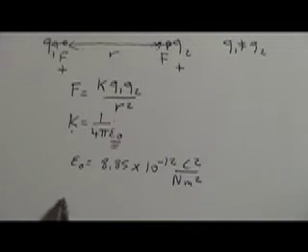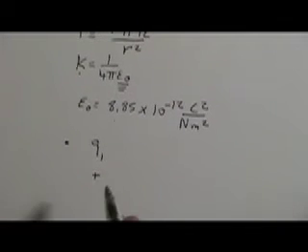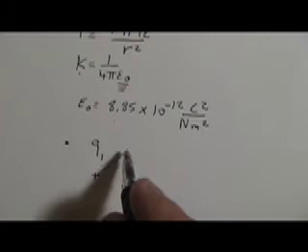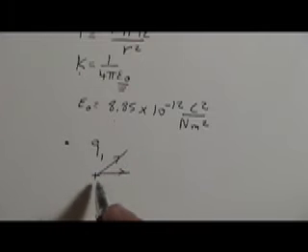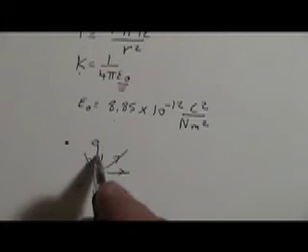If we take the positive charge Q1, the electric field will come out of the charge symmetrically, radially.